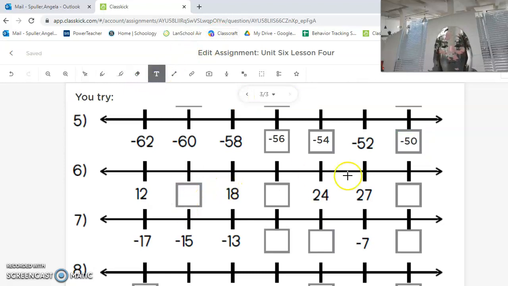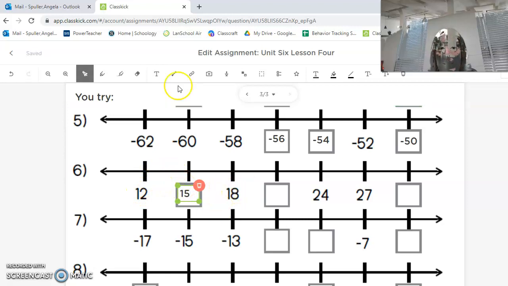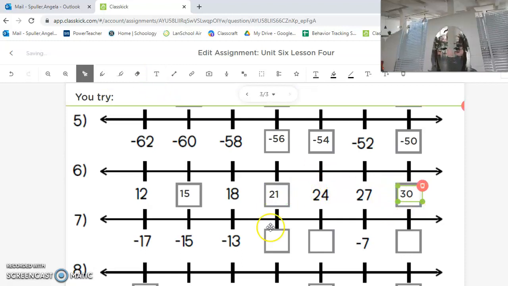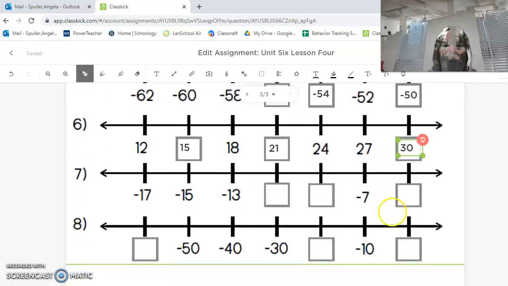Okay, let's see what they're doing here. 24 to 27 is threes. So let's see. If I'm counting by threes and I go 12, 15, 18, 21, 24, 27, and 30. Good job.